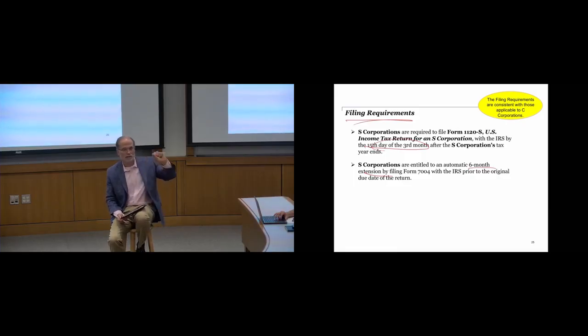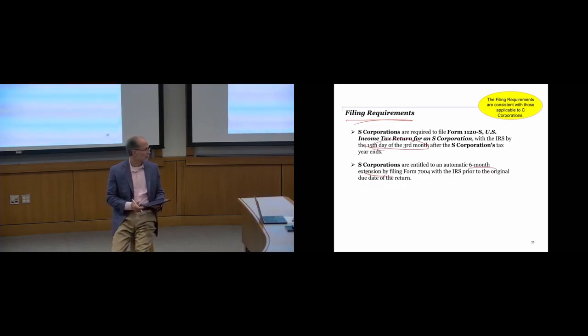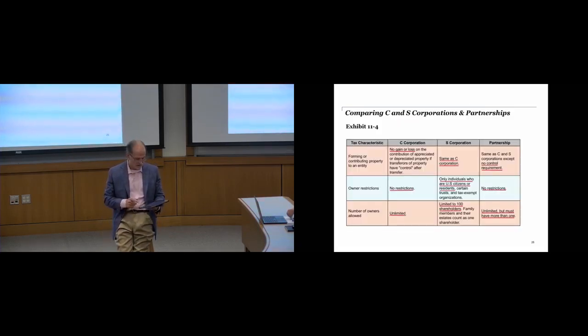That would require all the individuals that are S corporation shareholders to extend as well, because they can't file the tax return if they don't have their S corporation K-1. They don't know what to include. And it's the same March 15th date as C corporations, with the automatic extension, which nearly every C corporation uses.